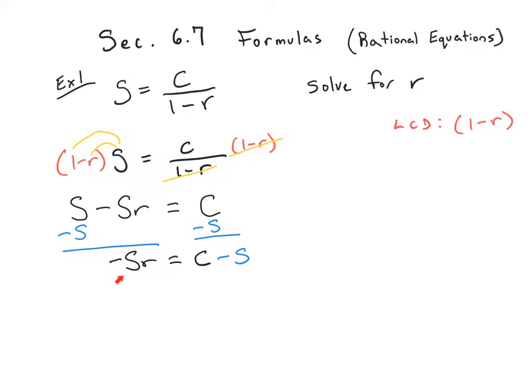I have negative S times R, so the opposite of multiplying by R is to divide by whatever we want to move to the other side. I'm trying to isolate that R, so I divide by whatever is not R. I divided by negative S because I want these two to cancel.